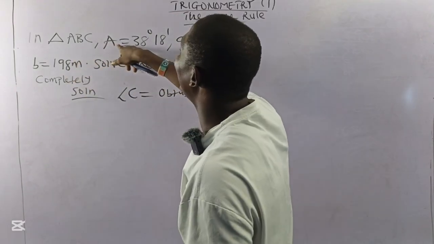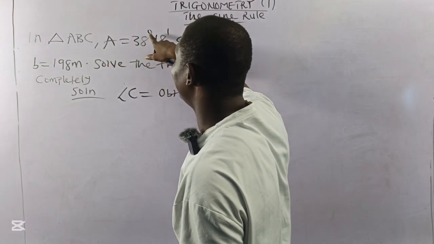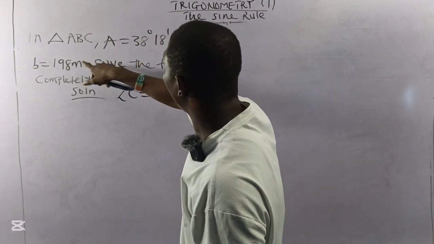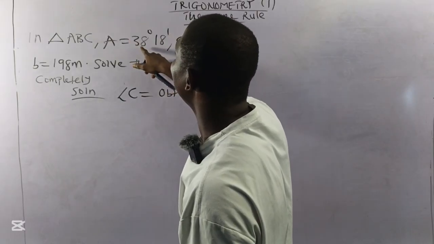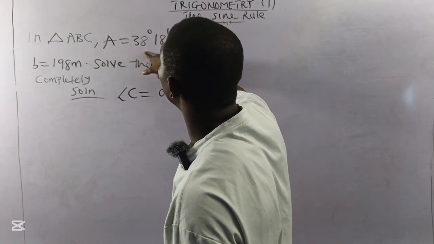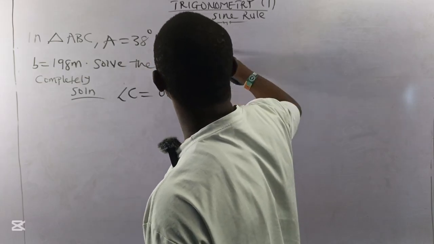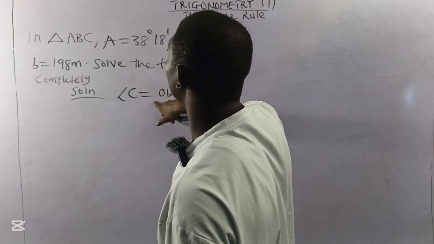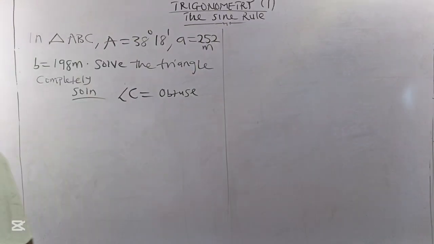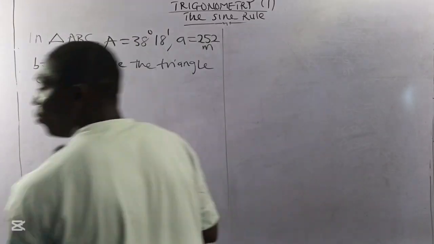So therefore, angle A also must be greater than angle B. And if A is 38 degrees, let me neglect the minutes, and B is lesser than A, meaning at most it will be 38 plus 38, giving me 76 degrees. So if B is 70 something, then capital C will be 120 something. So take note. Let's solve it, because you have to understand a question before solving.